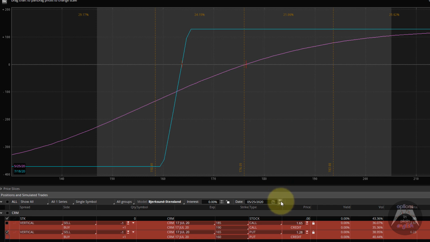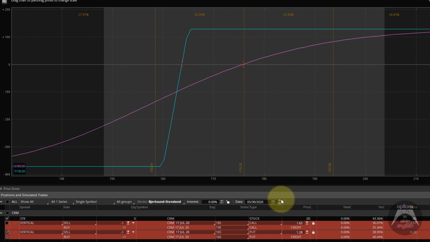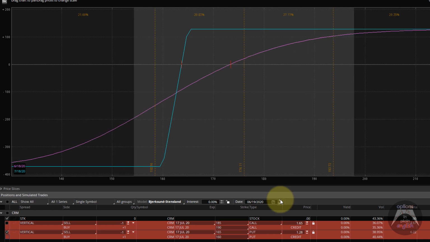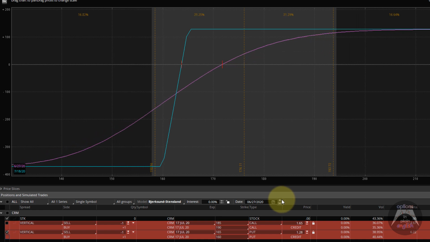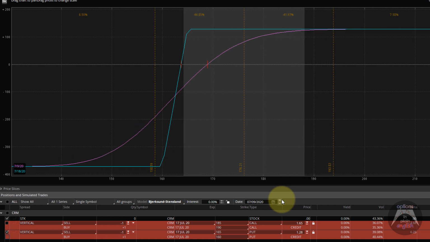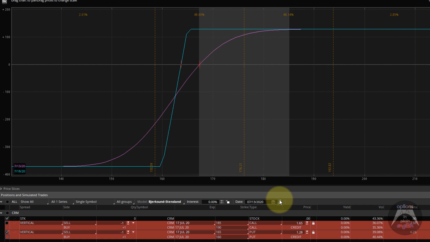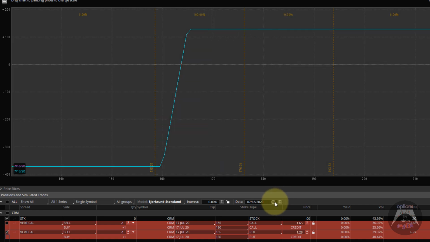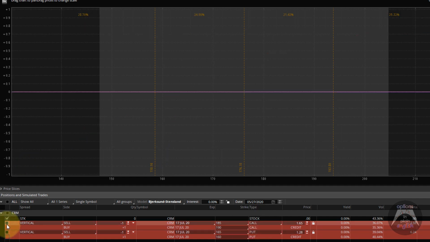If I start simulating the passage of time, you can see how this is the short put spread. Look at the purple line. It starts going closer to the actual blue line, which is the expiration line, until at expiration it merges with it. Okay, same with the call spread.